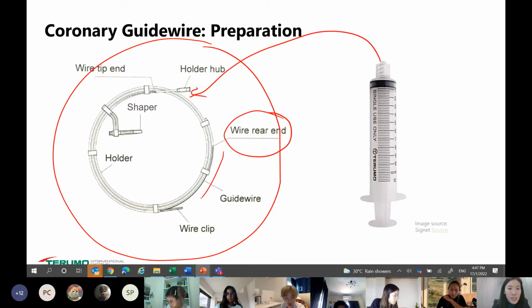Because it's 014, it's a bit like your hair diameter, so fine that you need to make sure it doesn't move in the package. So there's this clip here, and we need to remove it. When you push the wire rear end, the wire will come out from the holder hub. The soft part always comes out from here, so you just have to remove the wire clip and push the wire rear end to reveal the wire itself.